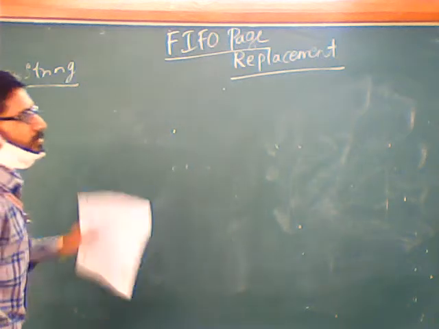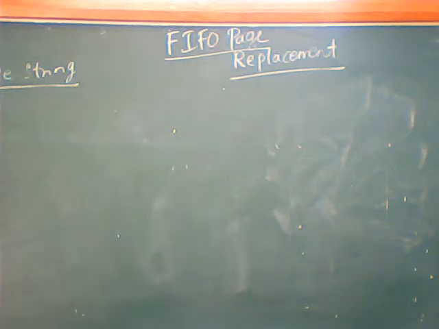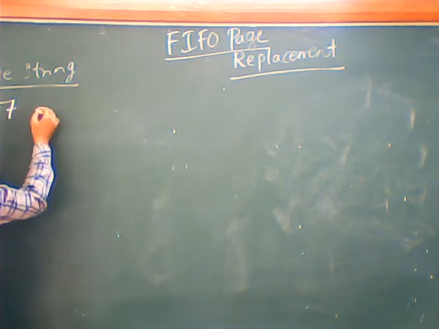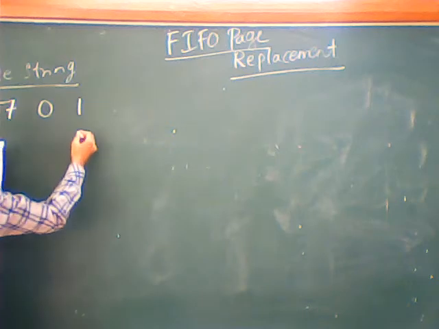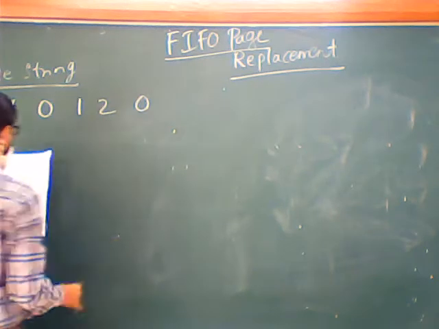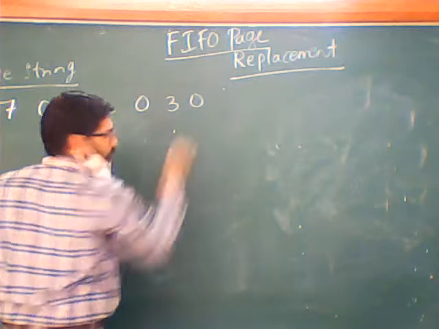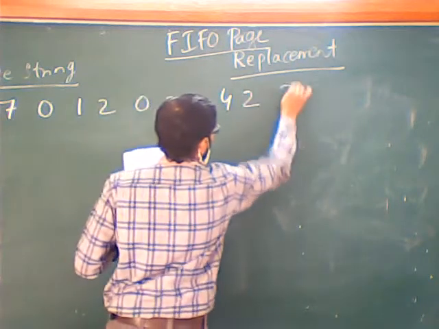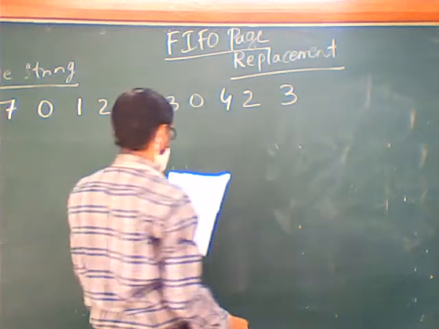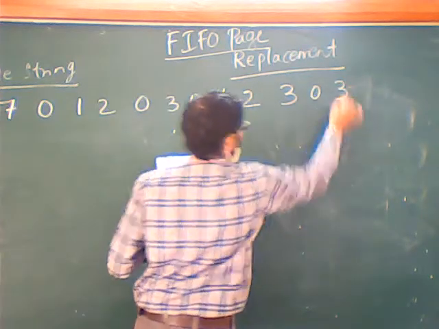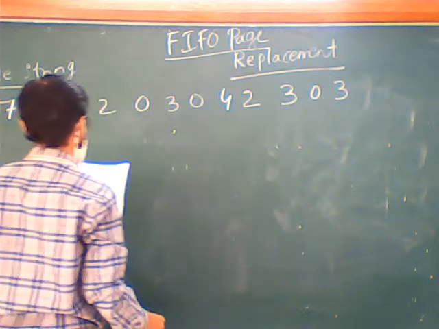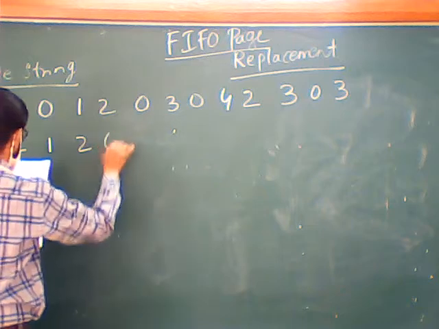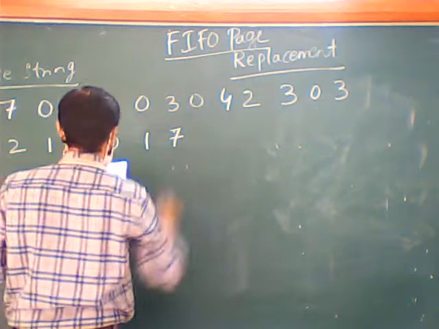Okay, and the reference string is like this. So you go on writing like this: 7 0 1 2 0 3 0 4 2 3 0 3 2 1 2 0 1 7 0 1.